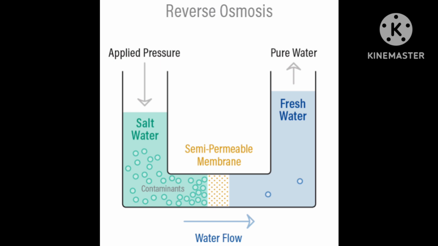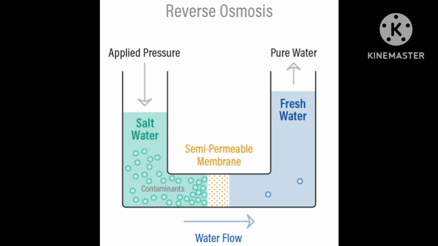Now what is osmotic pressure? You can understand it very easily. Just for explanation purposes, suppose the pure water side has 1000 units of pressure, maybe bar, maybe atmospheric pressure. And the solution side has 600 units of pressure.